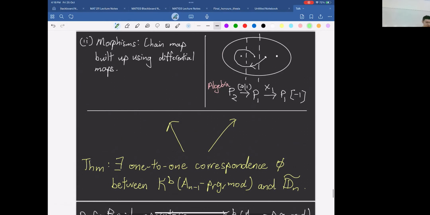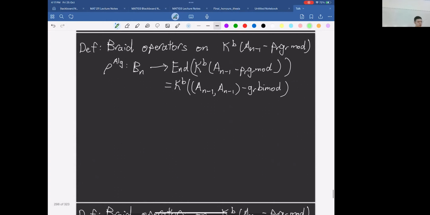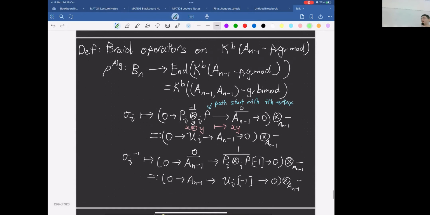Right. So a theorem is that there's a one-to-one correspondence between these two spaces. We'll see it soon. First, I need to define the braid operators, so I need to tell you how the braid group elements act on these chain complexes. Actually, we need to define another chain complex, but in this case it is a bimodule complex, where we have the P_i just now, which is the left module.